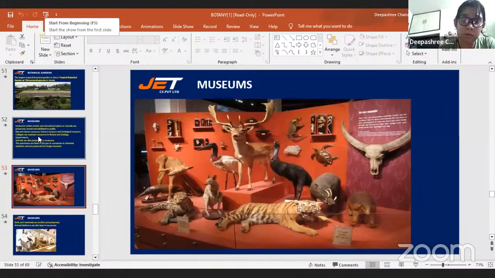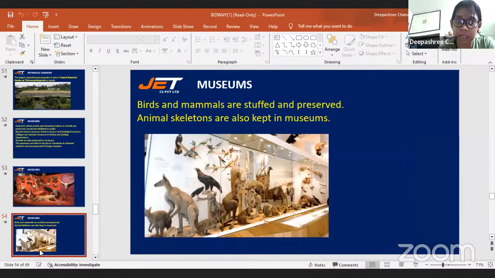This mini museum is made by the students in the form of projects, and it looks beautiful. Okay, so the birds and mammals are not real birds or mammals, but maybe the skin of this kangaroo is taken from the actual animal, and over the skeleton they have pasted it and made it look like an original kangaroo or a bird and so on.